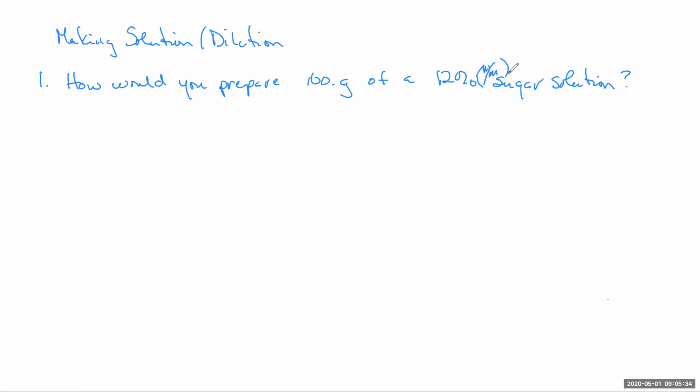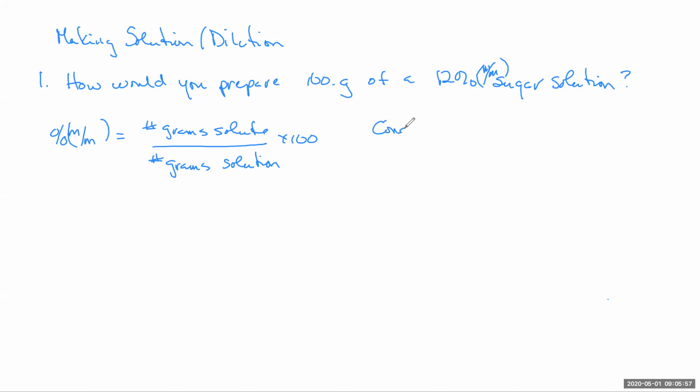So starting out, what exactly is the formula for percent mass to mass? This is going to be the number of grams of solute divided by the number of grams of solution times 100. So you need the formula, of course, if you're going to solve this. So what exactly is given to us? The concentration is given. The concentration we want is 12%.